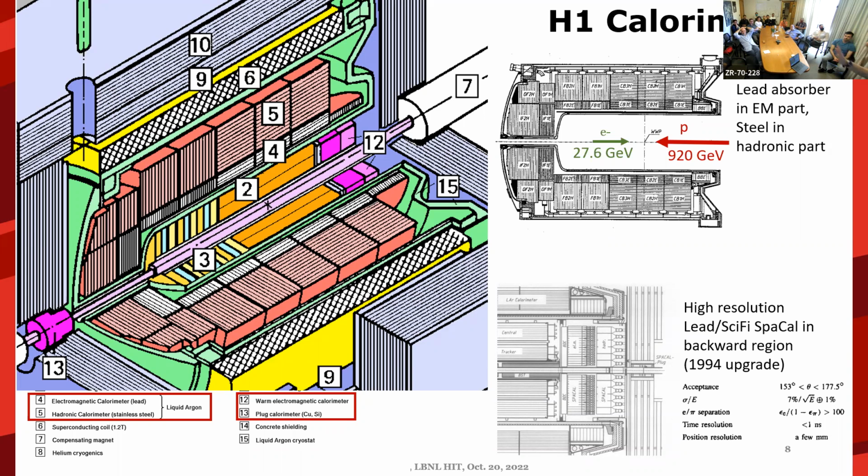They basically said, who cares about physics below a Q-squared of 100, right? Who could possibly care about that? And these days, of course, that's a very interesting and important region for us. They did, in fact, upgrade their backward calorimeter to be higher resolution than the initial one. And then they even added a hadronic calorimeter behind the electromagnetic calorimeter in the backward direction.